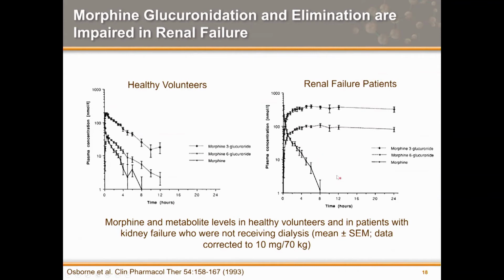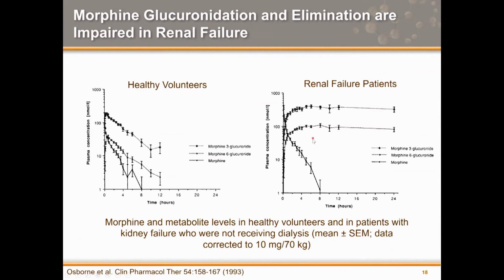It's been recognized for a number of years that renal failure actually affects hepatic metabolism, particularly phase 1 and phase 2 metabolism. And so that's what is probably represented by this delayed elimination here of morphine. Renal failure is also critical for elimination of metabolites.